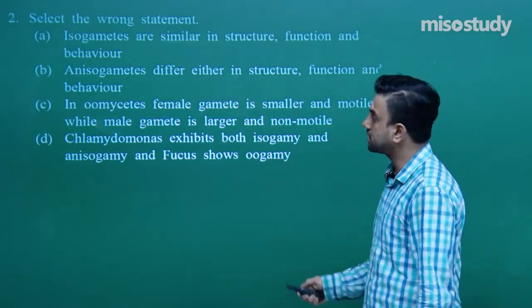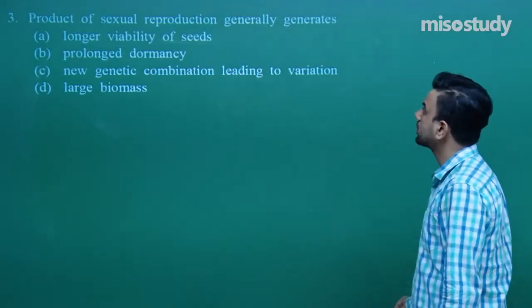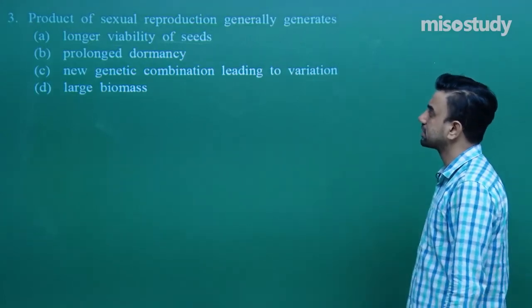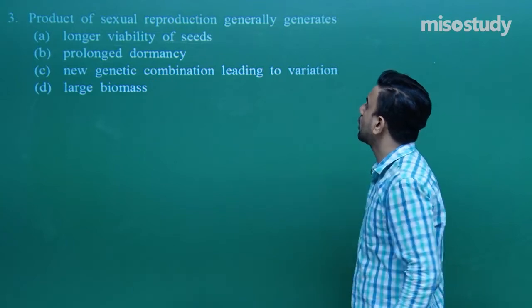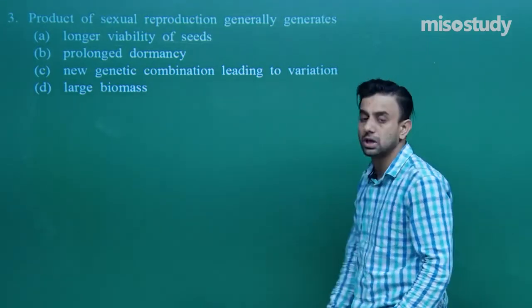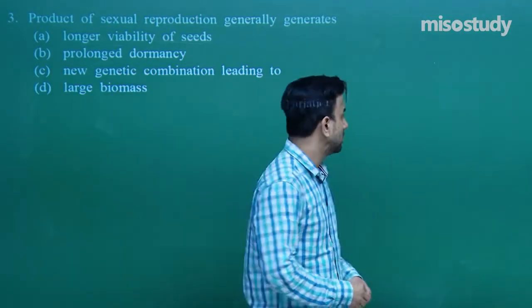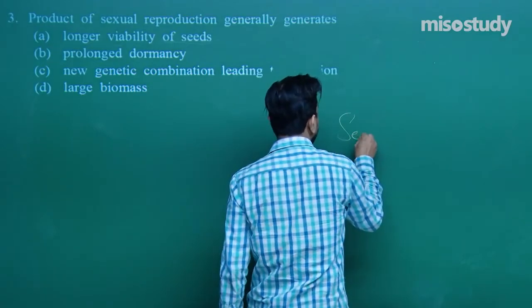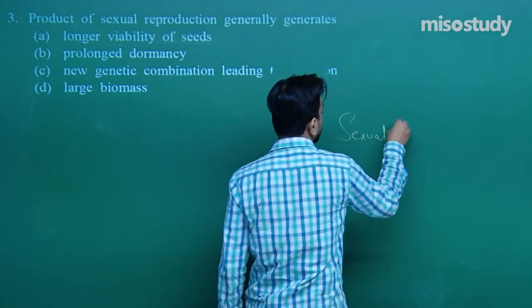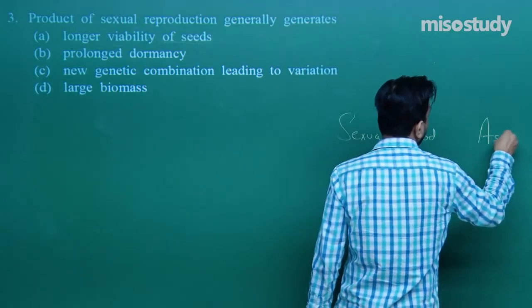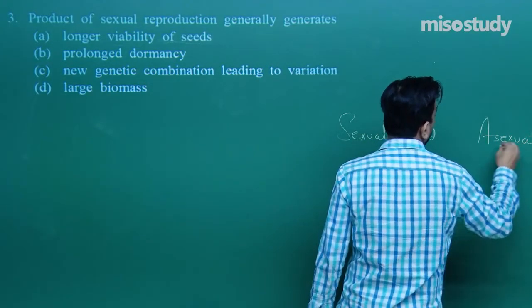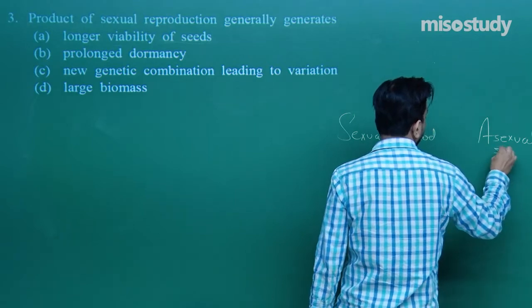Let's consider the next question. Product of sexual reproduction generally generates longer viability of seeds, prolonged dormancy, new genetic combination leading to variation, or a large biomass. We have talked about some of the differences between sexual and asexual reproduction.